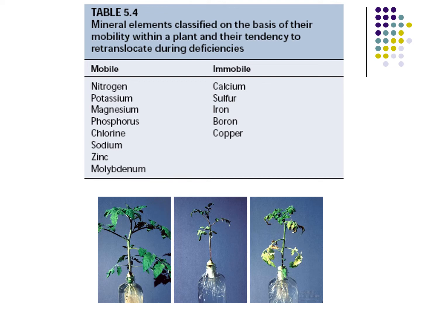In the last figure, the deficiency symptom, which is yellowing of the leaves, or chlorosis, has progressed to other leaves. Based on what you see, is the element causing yellowing of leaves mobile or immobile?